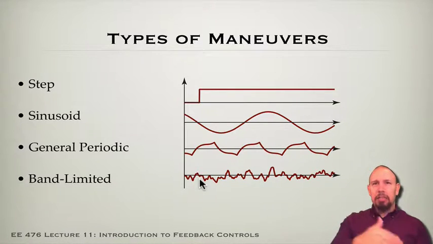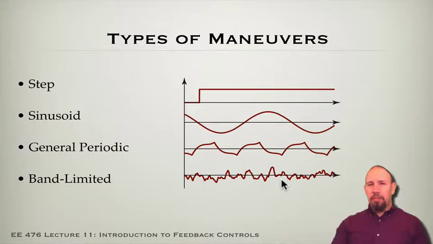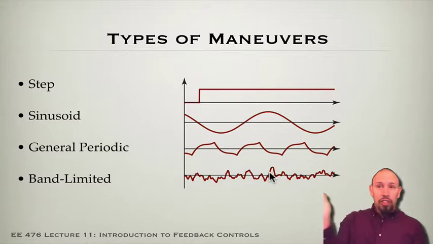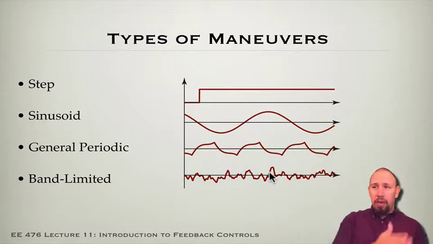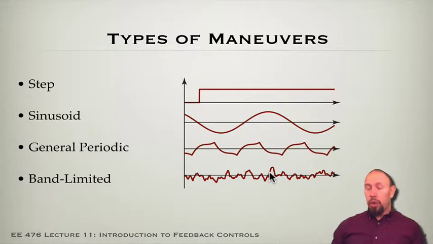Okay, and it can't go arbitrarily fast from here to there. It has speed limitations. And so if you're trying to develop, for example, a heat-seeking missile, but you don't know what direction it's going to go, you don't know if it's going to go that way or this way or whatever. It's going to go in whatever direction it's going to try to avoid, in fact, the heat-seeking missile. So band limited is the kind of input. You don't know what it's going to do, but you know it can't do things too radically. Okay, there's some limits to that.